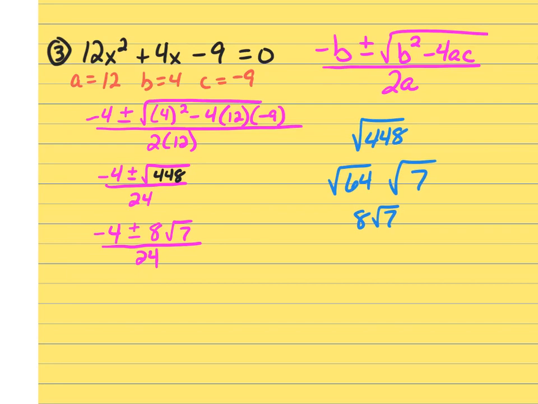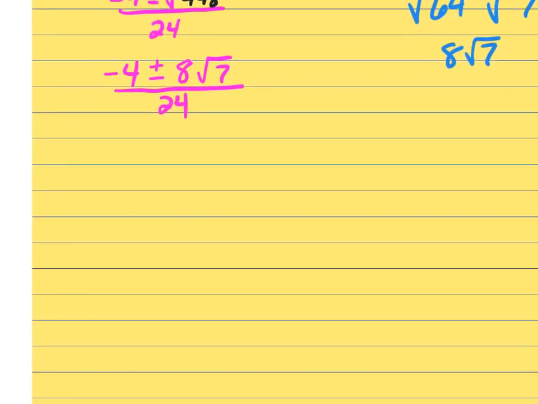All right. From here, we are going to look to factor out the most possible from the top. What's the largest number that goes into 4 and 8? 4, so I can take out a 4. And 4 times negative 1 gives me the negative 4. And 4 times 2 square root of 7 gives me 8 square root of 7.